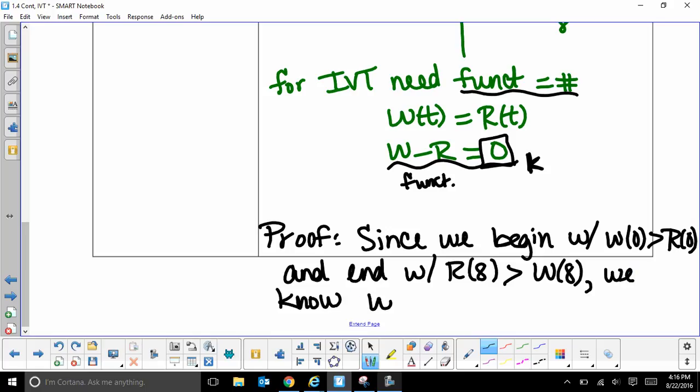Okay, so since that is true, since we begin with that, we know that W of 0 minus R of 0, because I'm going back to this whole function idea, if W is greater, and then I would subtract, that would be greater than 0.